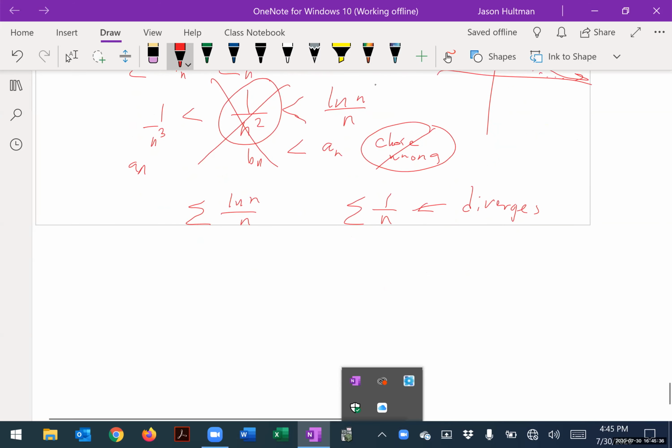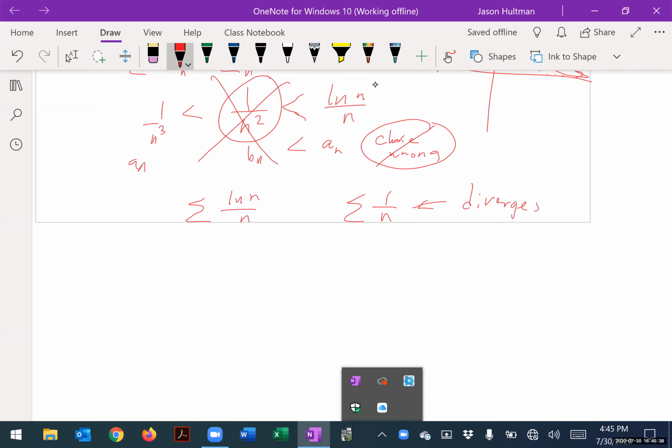Oh, okay. That thing diverges. Well, what do I know about the relationship between the two of these? Natural log n over n compared to 1 over n. Well, this thing's always bigger or equal to, right? Okay.